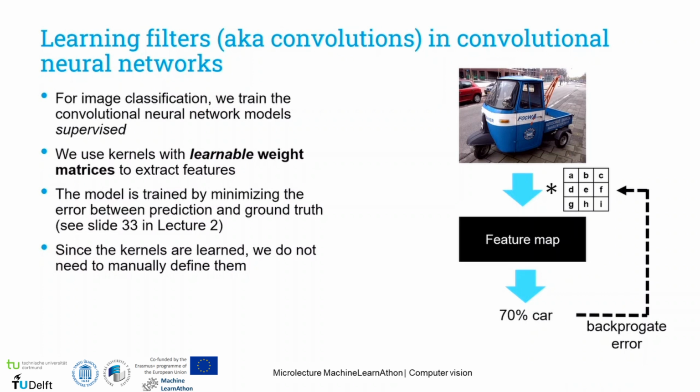Why do we do that? Because the error tells us, is it correct, is it wrong? We can differentiate that error. So we can find the derivative of the error with respect to the parameters of our model. And that tells us in which direction we need to change the parameters in order to improve the model or the prediction.